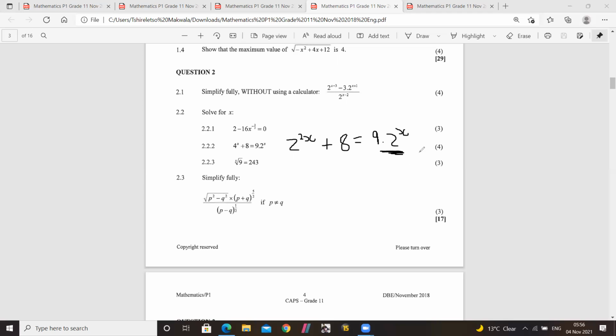If you solve for x here, we won't be able to, because this does not have the 2x one. Even if we take this thing to the other side and take out the common factor, it won't work. So what do we do with this one? It's a let type of question. This is the second type of let question.